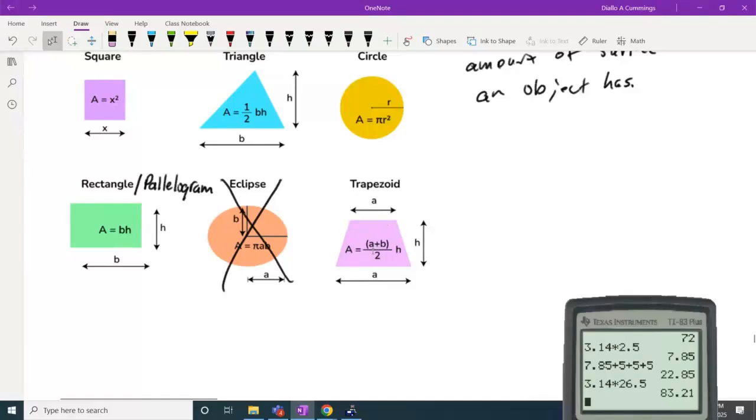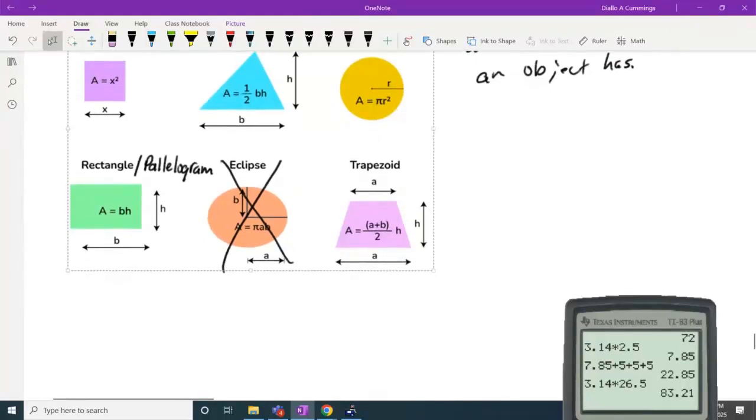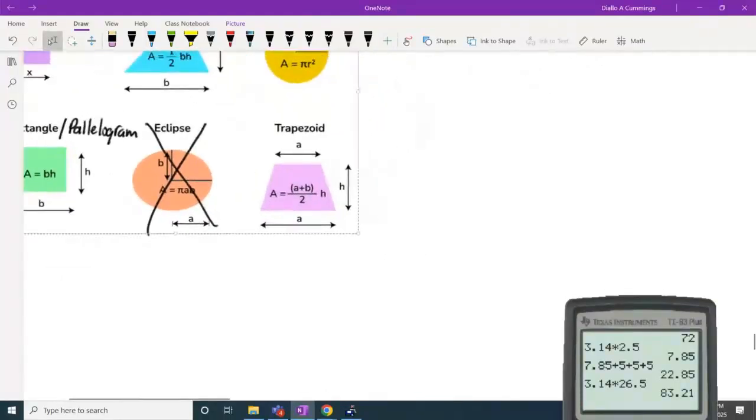The area of a trapezoid is 1/2 the area of the base, and this formula is written a little bit different. All right.